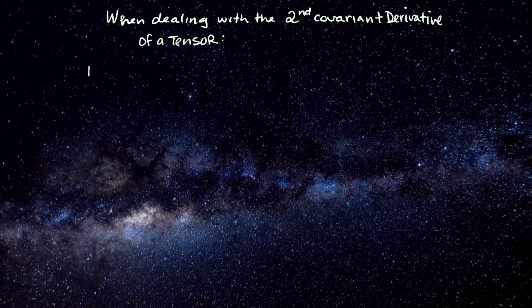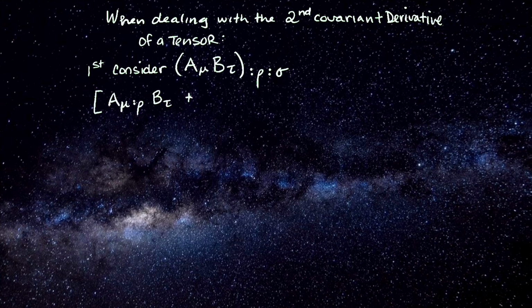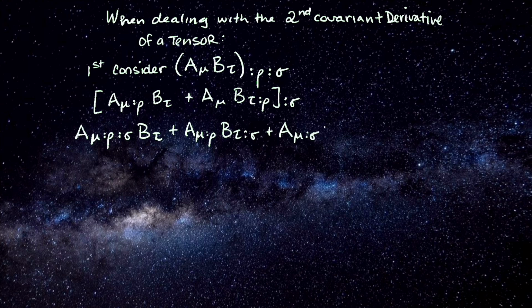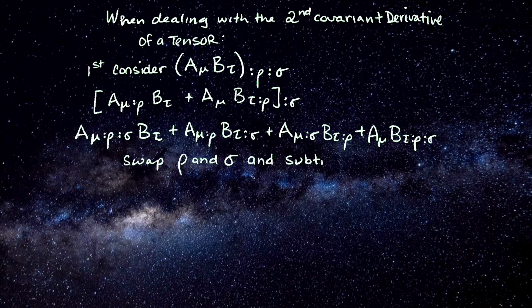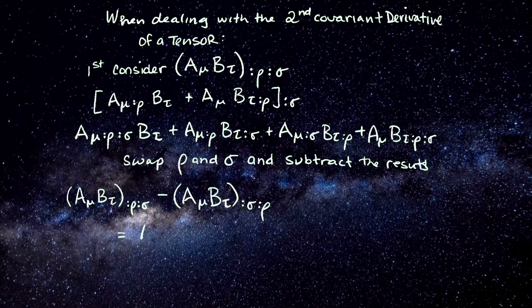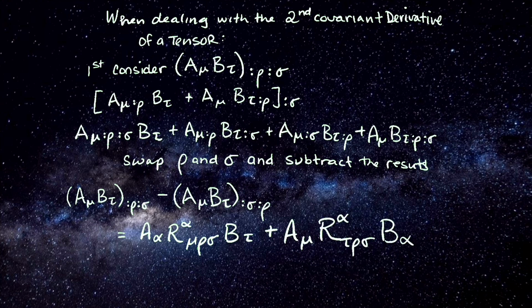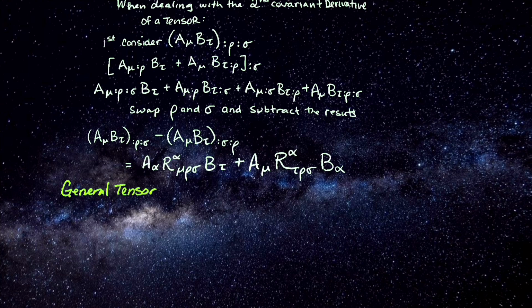When you're dealing with the second covariant derivative of a tensor, consider an outer product in which we take the second covariant derivative. We would expand it out in this way, carefully using the product rule. Then, as before, we would swap the differentiation indices and rewrite the expression, then take the two expressions and subtract them from each other so that we can extract the curvature tensor.